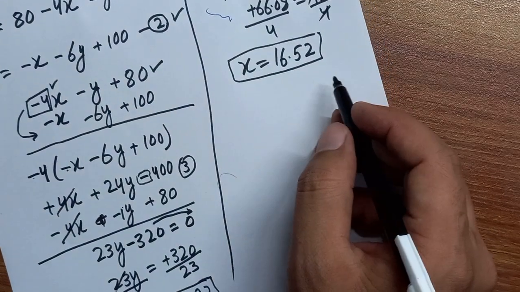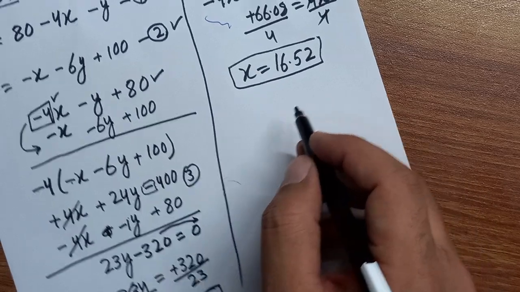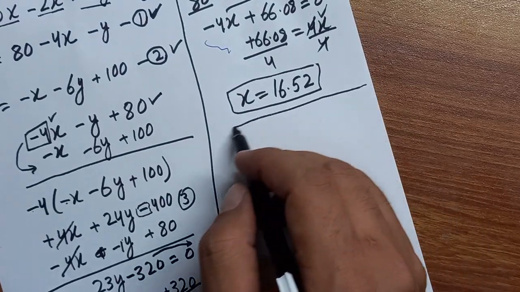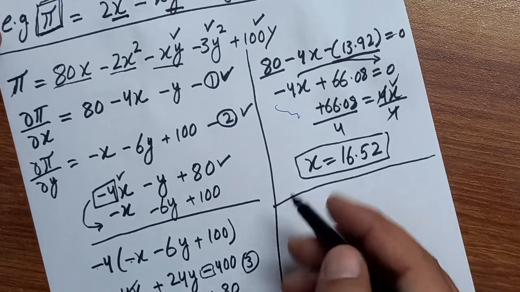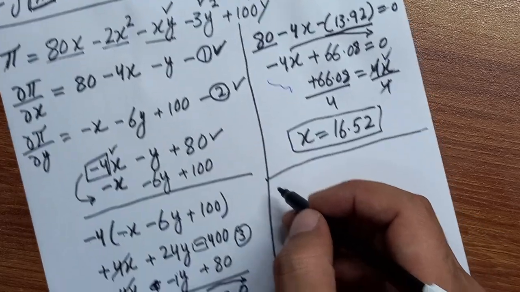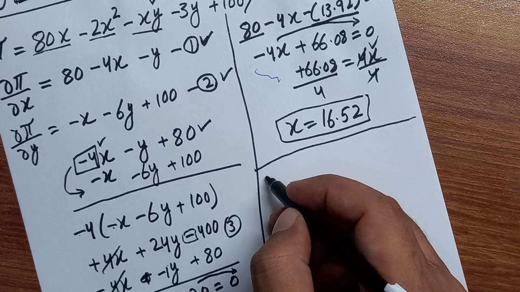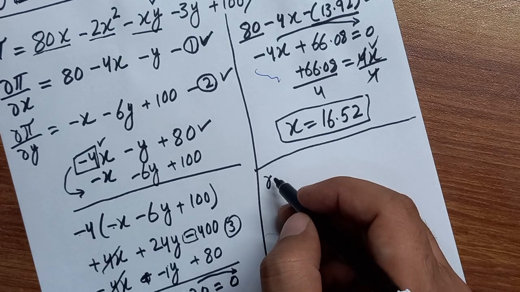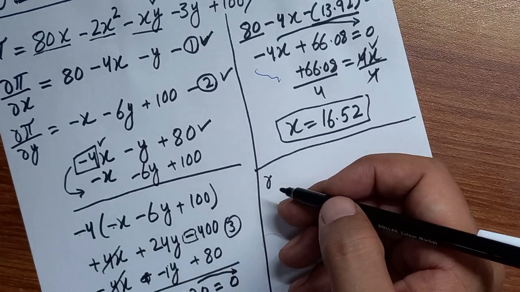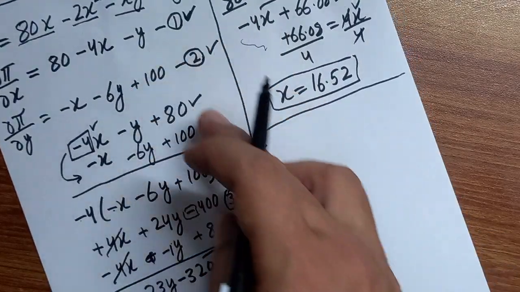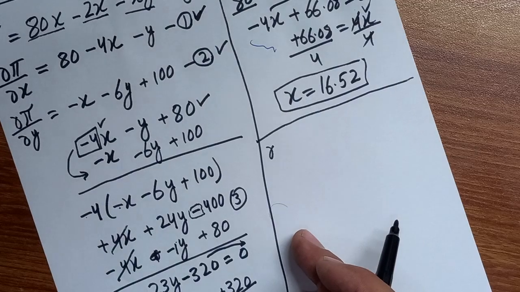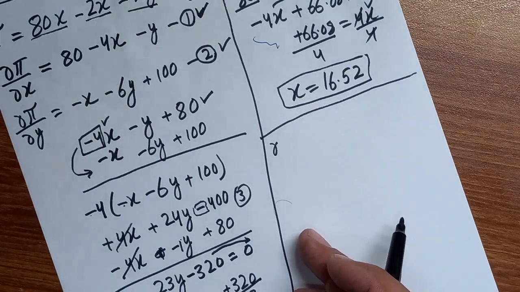The third step is minimize and maximize. Now we are going to find minimize and maximize. So we are going to take second order derivatives. So this is partial. We are going to take the second order derivatives of both equations.